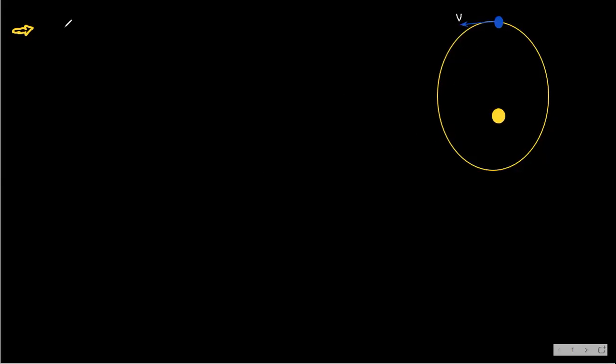Now, yesterday in the link I have given this already. So here we have centripetal force equal to gravitational force.